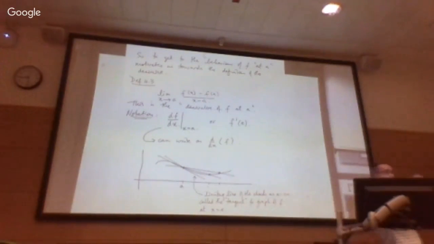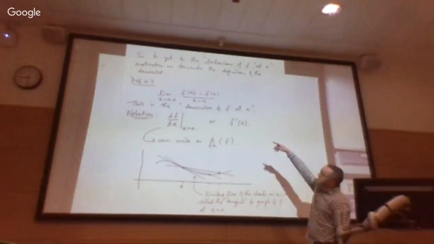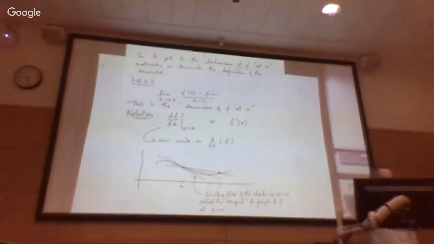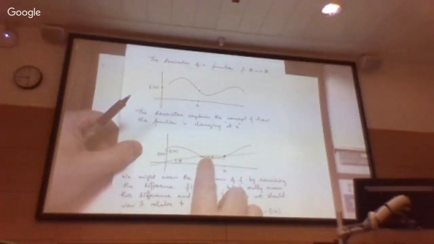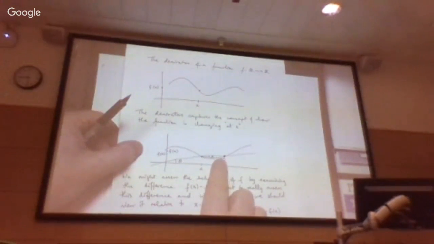So the way you capture the behavior of that chord is to talk about its gradient. The gradient is the ratio of those differences, f of x minus f of a over x minus a. You also think of it as the tangent of the angle theta in the bottom of that triangle. This angle over here is a right angle.